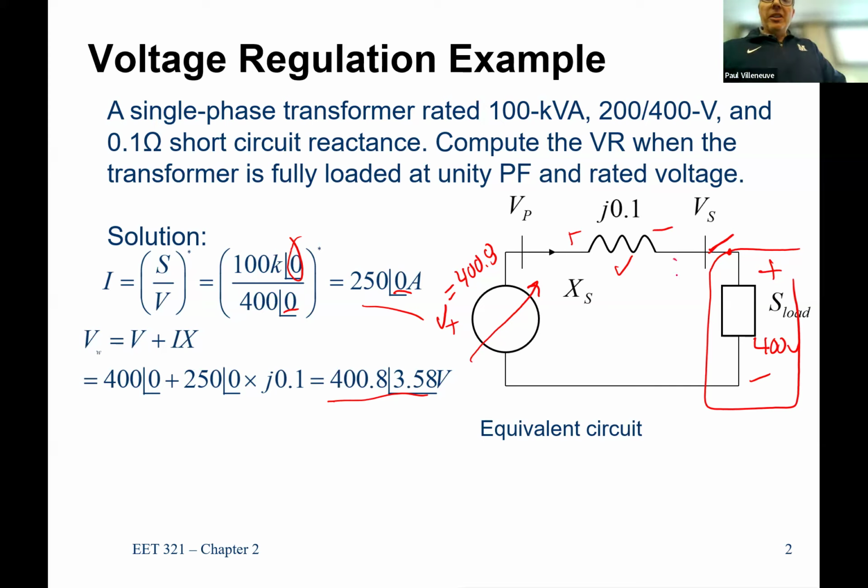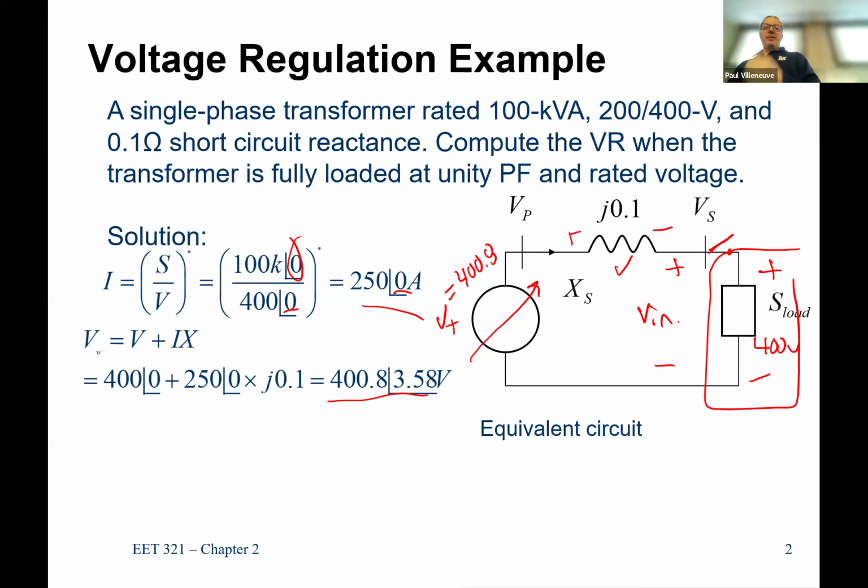And what is the voltage seen at the output? Not at the load, but at the output. It is the input voltage as well. So the V no load would be under no load conditions. I have to set my supply so that I'm delivering 400.8 volts on the secondary of the transformer. The V full load is what the customer expects.